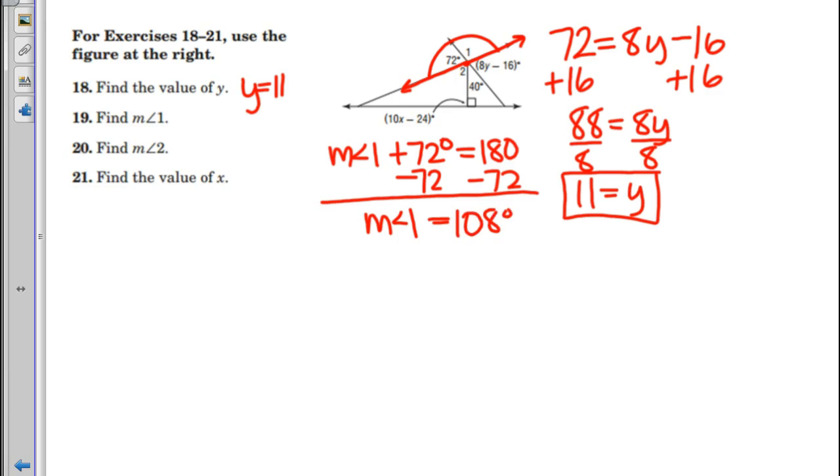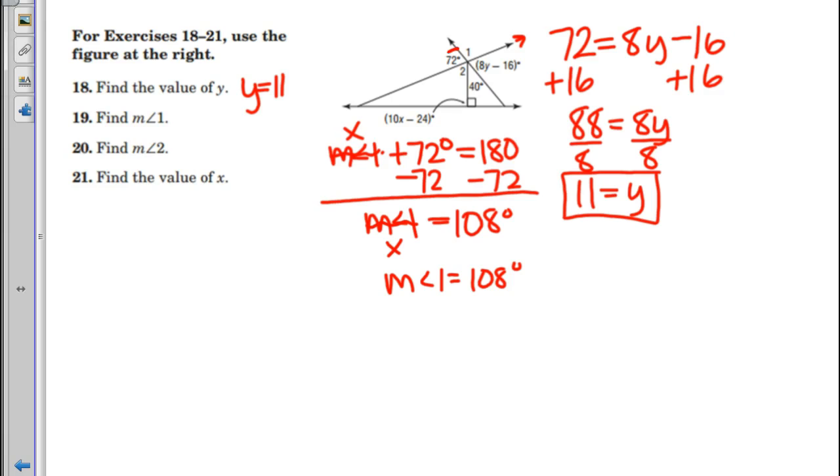108 degrees. All right, and if you don't like writing measure of angle 1 here, if you just want to replace that with x, and then come down here and say the measure of angle 1 equals 108, totally fine. All right, what about the measure of angle 2 now? Well, there are some things that we know from this crazy drawing.